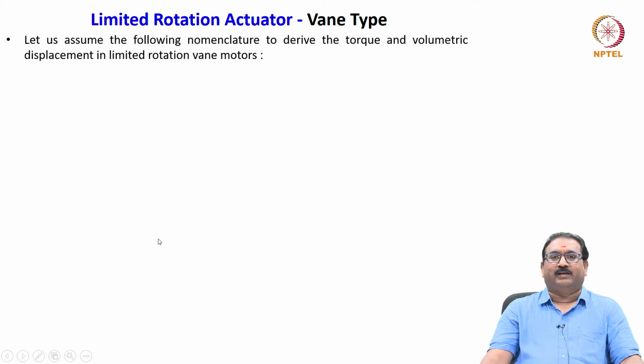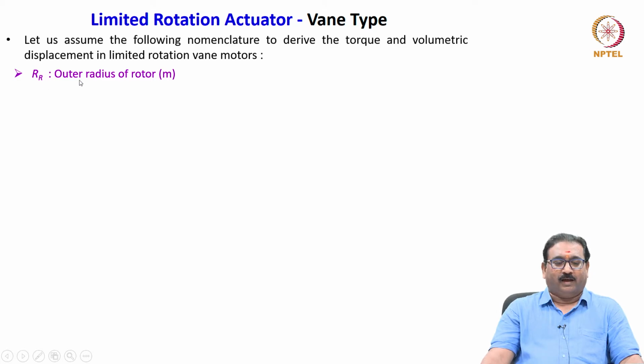Then quickly we will see how to calculate the torque and the displacement in the case of single vane limited rotation motors. Let us assume the following nomenclature to derive the torque and volumetric displacement in limited rotation vane motors.